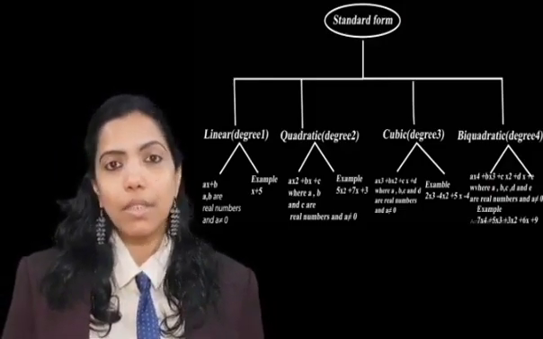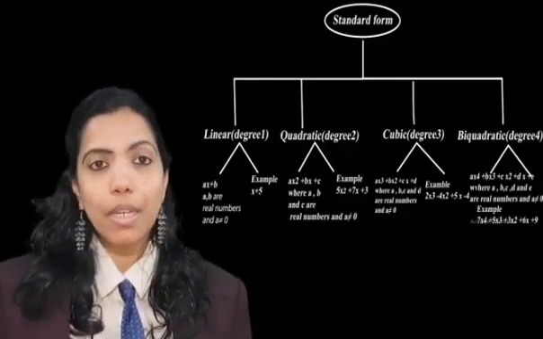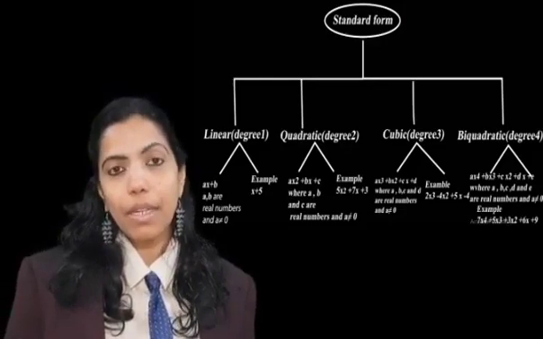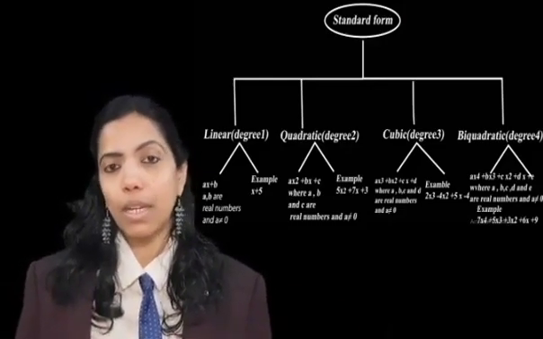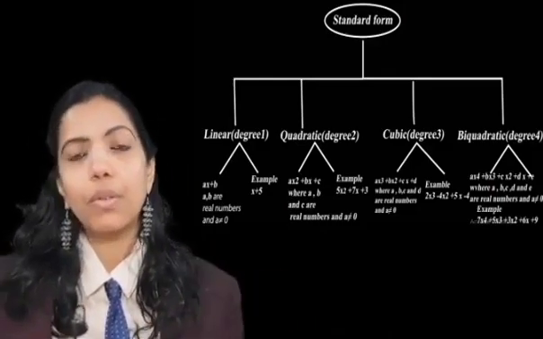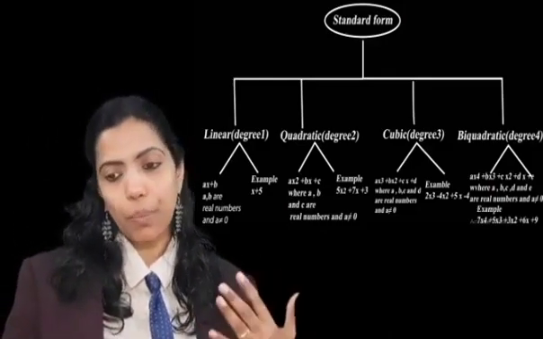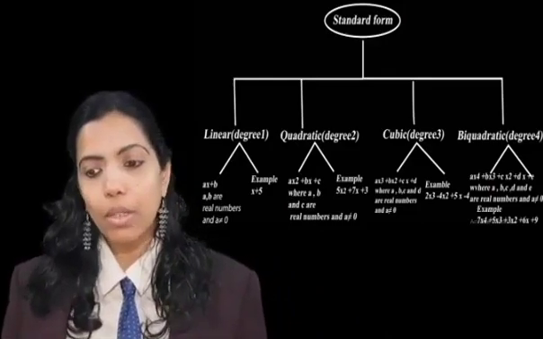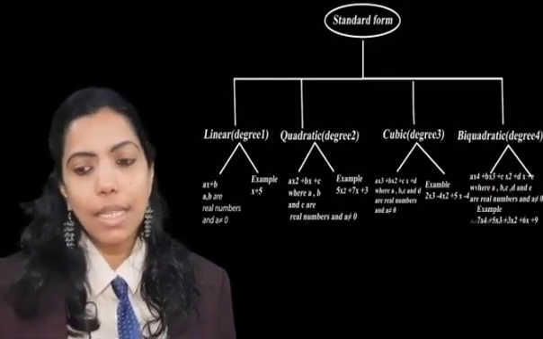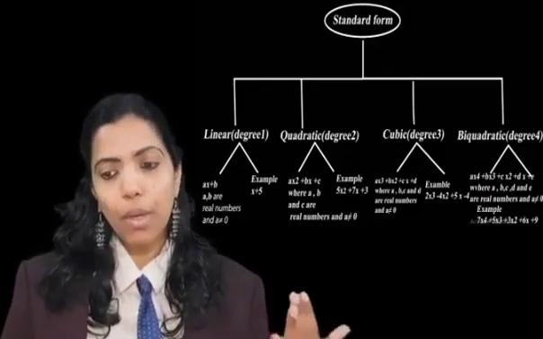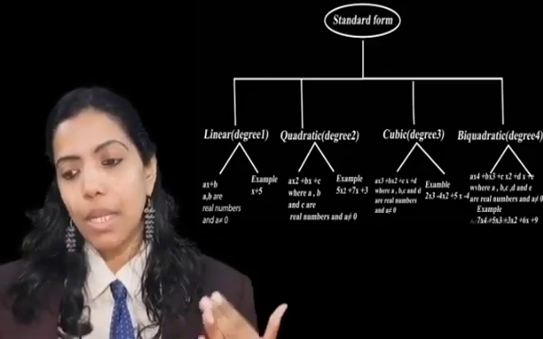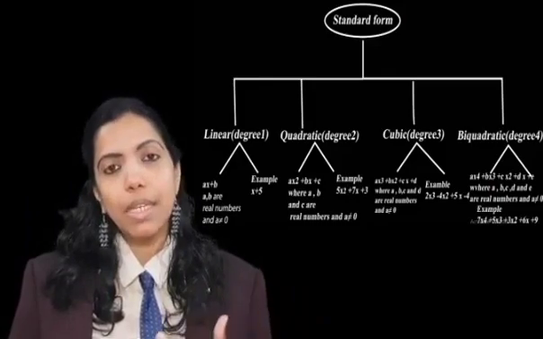Biquadratic means it is degree 4. So how about the standard form? Already we have the linear ax plus b, then the quadratic ax square, then ax to the power 3. Of course, it should be ax to the power 4, and we have one more constant here, that is e. So ax to the power 4 plus bx to the power 3 plus cx to the power 2 plus dx plus e.